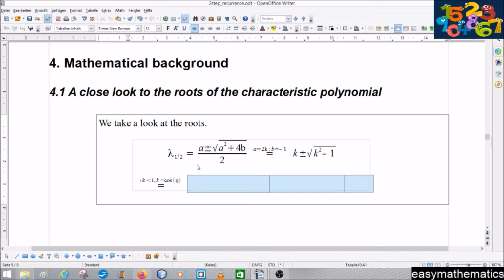and we do this because we can now say that k equals some cosine value.